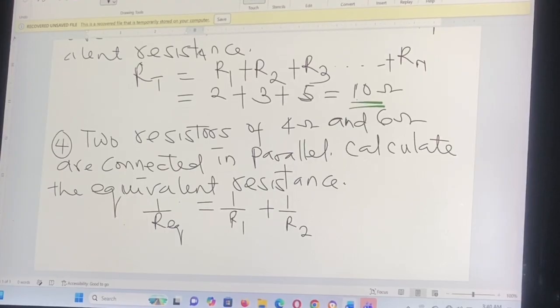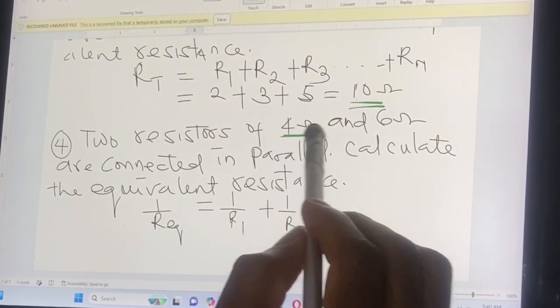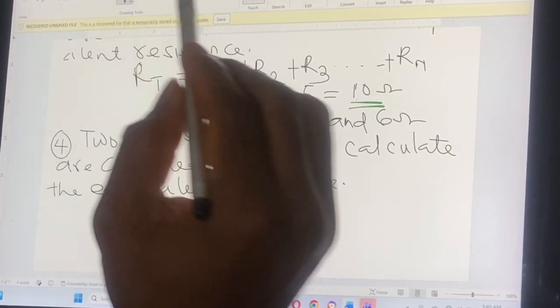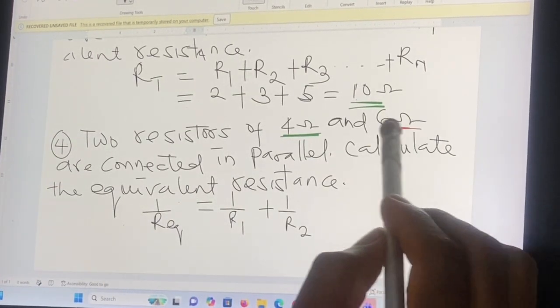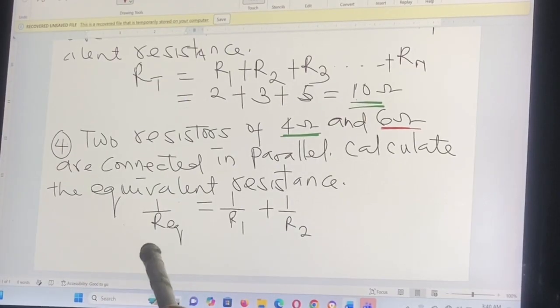So we have to replace our R1 here. The R1 here is the first resistor. The next, we have to replace our R2 here, which is the second resistor. And after then, we make R equivalent the subject of the formula here.